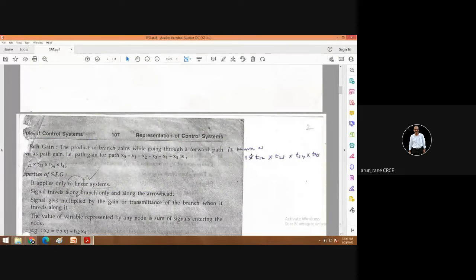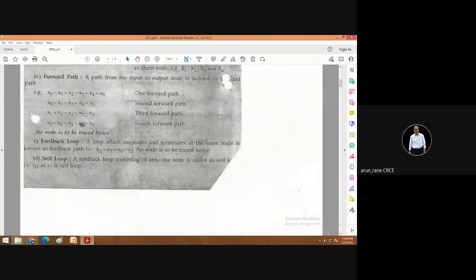For the first one, then T12, T23, T34, and T45, and so on. So you have to just multiply in order to find out the path gain.